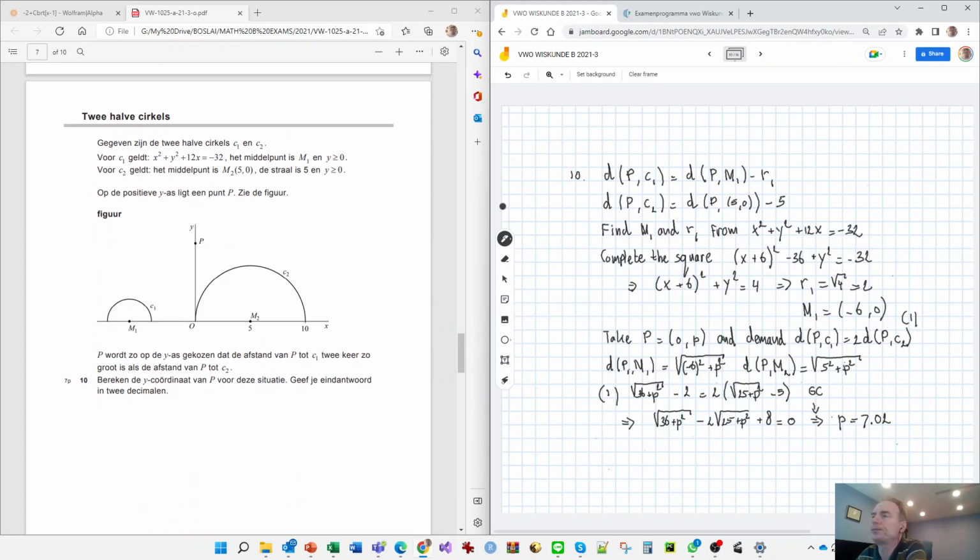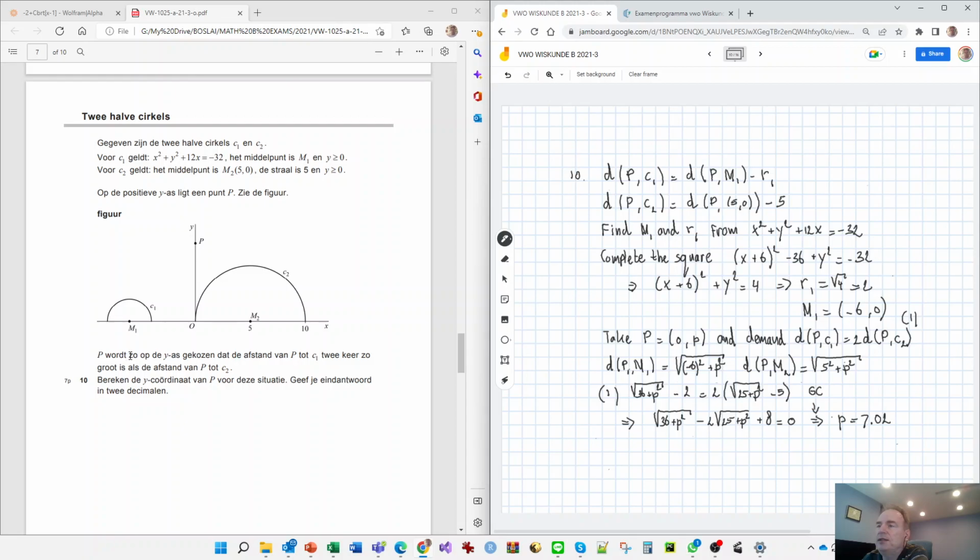Circles. We have two half circles, C1 and C2. And for C1 there's an equation given, with the center called M1. And for C2 they just give the center and also the radius. And there is a point P on the positive y-axis.